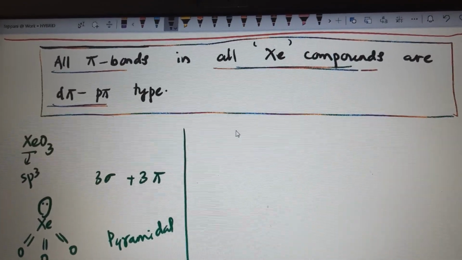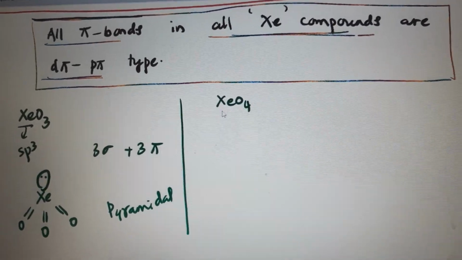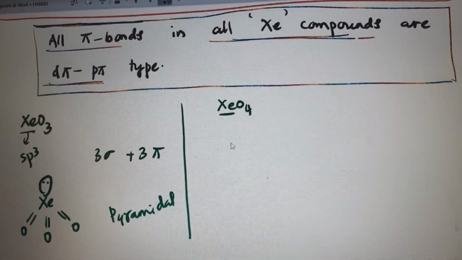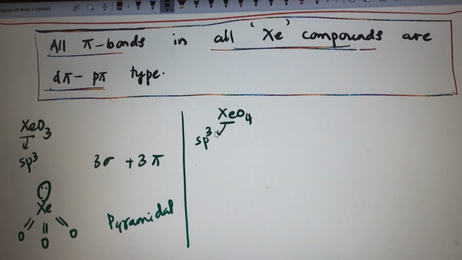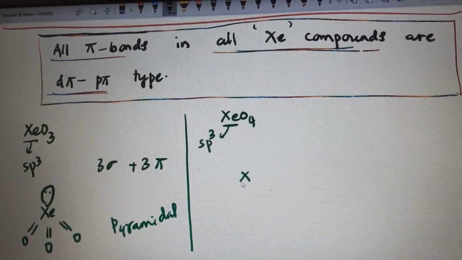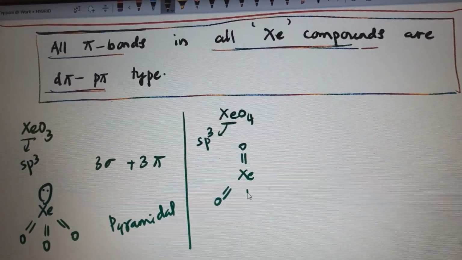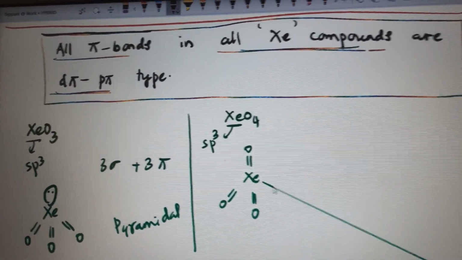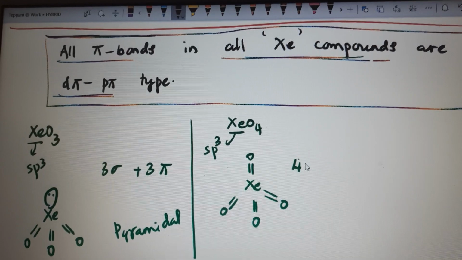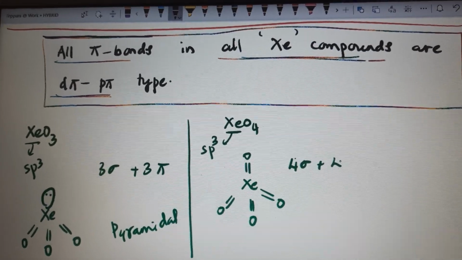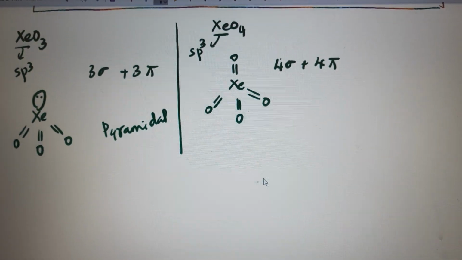XeO4: tetrahedral structure, sp3 hybridization again. Four sigma and 4 pi. All the 4 pi bonds are dπ-pπ, being sp3, no p orbital available there.